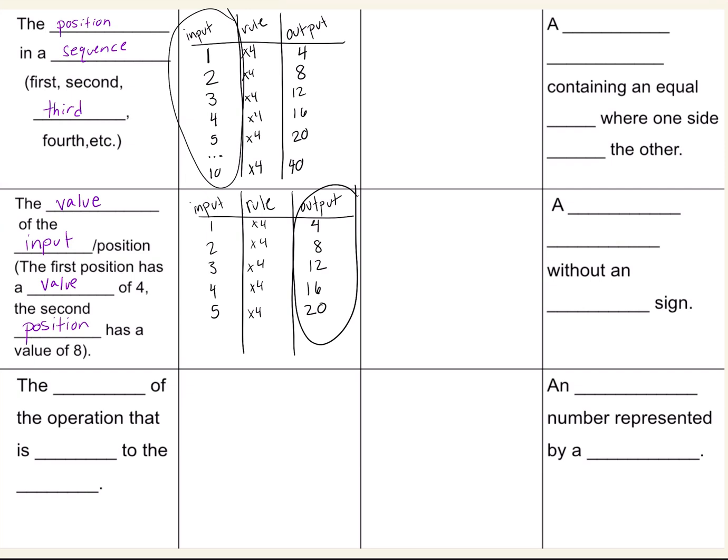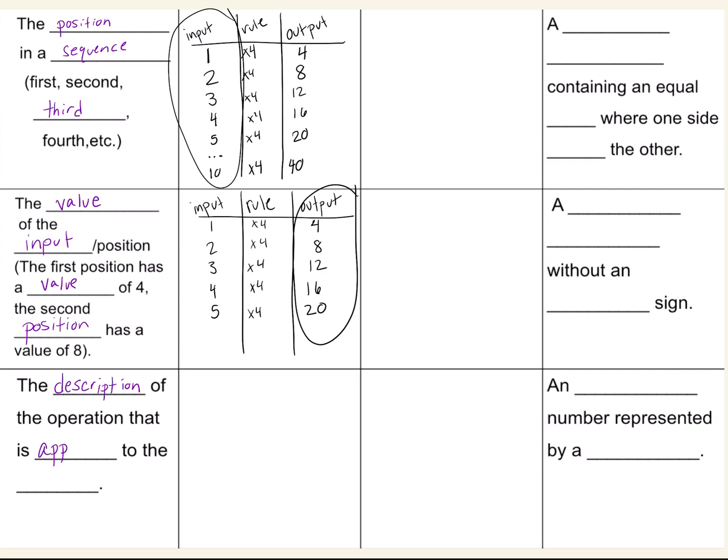All right, now we're going to move on to the vocabulary word rule, which is that middle part that we've been talking about, what you're doing to the input to give you that output. Down here it says the description of the operation that is applied.